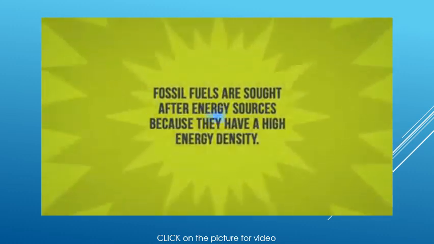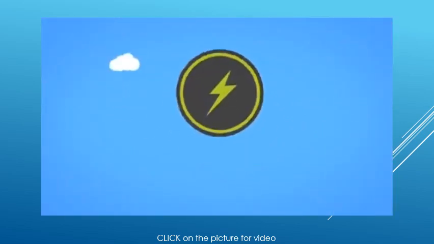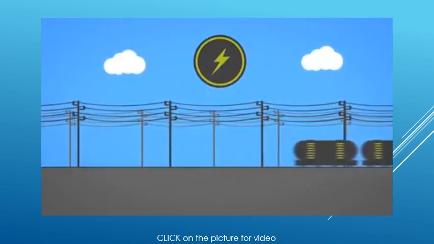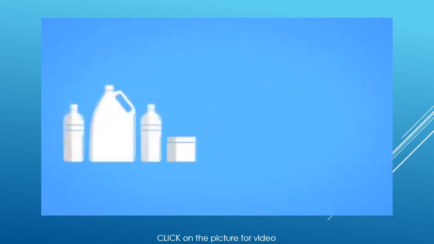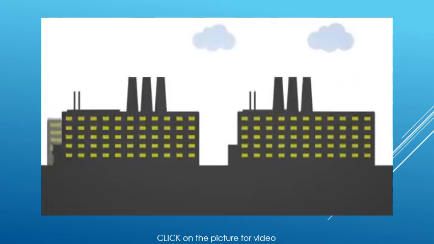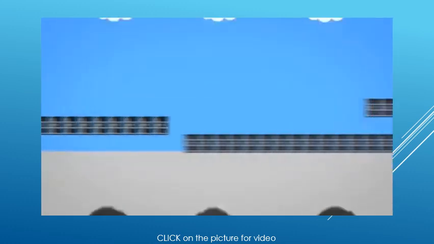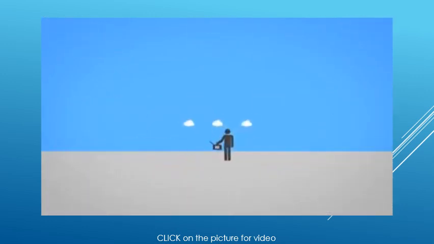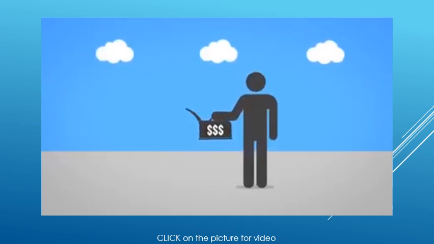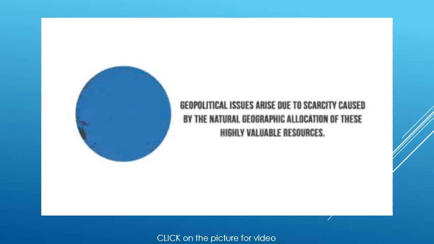Fossil fuels are sought-after energy sources because they have a high energy density. They are the world's dominant energy source. Fossil fuels have a variety of applications from electricity production to transport fuels. They can also be used to make a variety of common products, from plastics to cosmetics to even some medicines. These resources have powered industrialization over history and continue to do so today. Fossil fuels can be an abundant and cheap, or in some cases, a scarce and expensive form of energy, depending on geographic location. For this reason, geopolitical issues arise due to scarcity caused by the natural geographic allocation of these highly valuable resources.